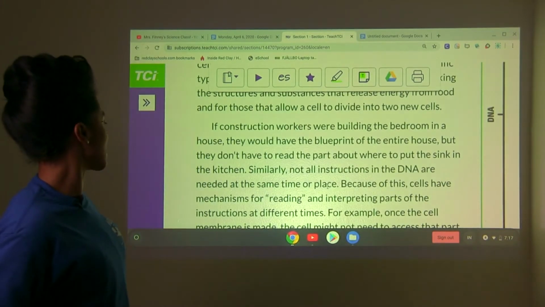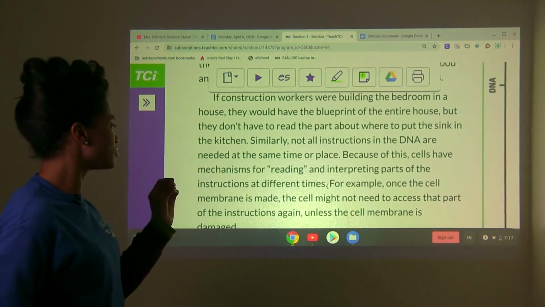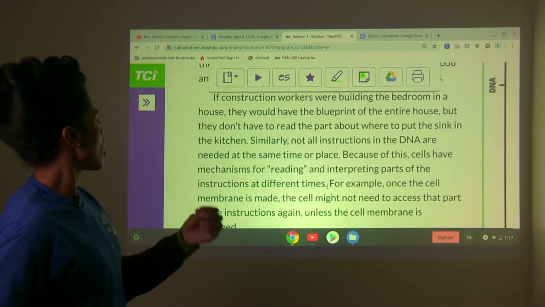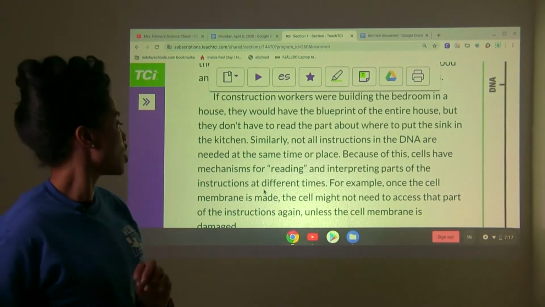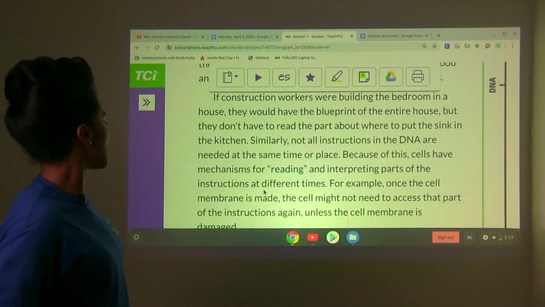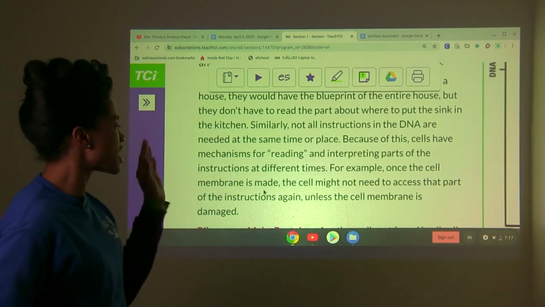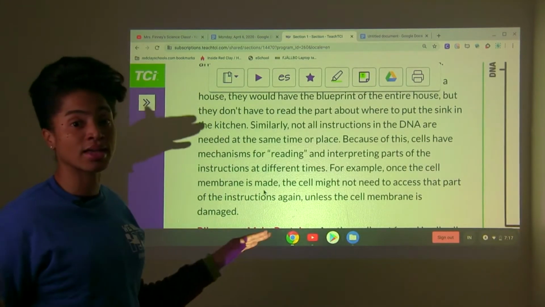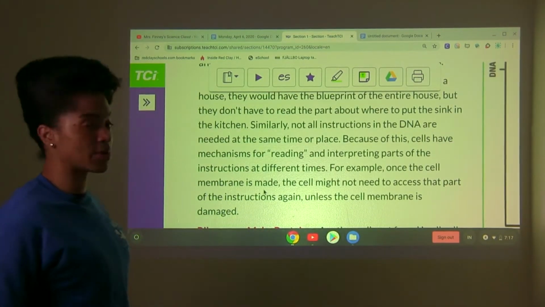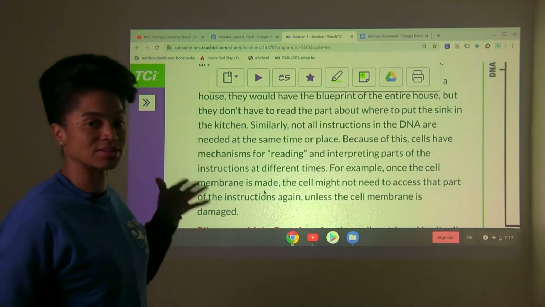Because of this, cells have mechanisms for reading and interpreting parts of the instructions at different times. For example, once the cell membrane is made, the cell might not need to access that part of the instructions again unless the cell membrane is damaged.